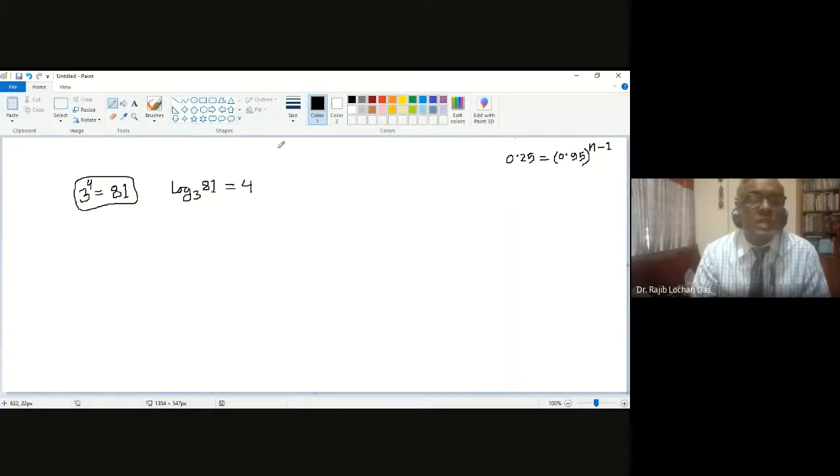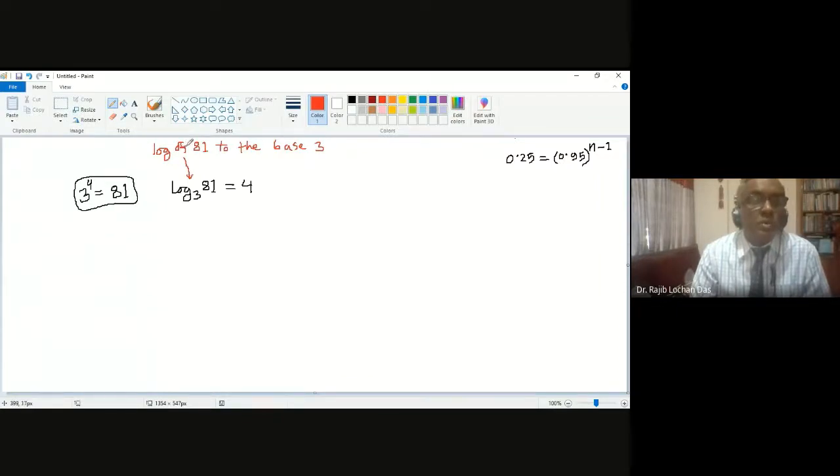You must be careful about how you say this. It is called log of 81 to the base 3. This is the style of saying it.